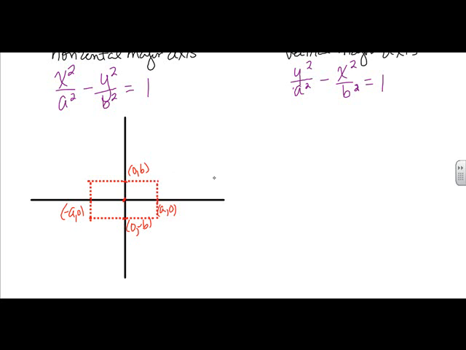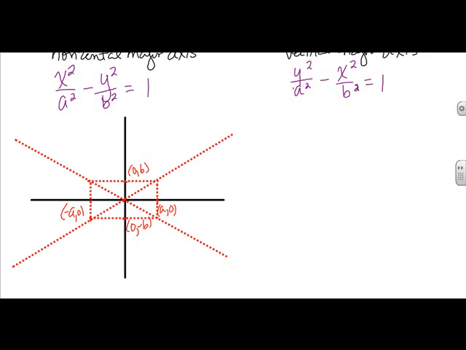Then draw lines that run through the opposite corners of the box, so the lines that contain the diagonals of the rectangle. A straight edge or a small ruler is very helpful.